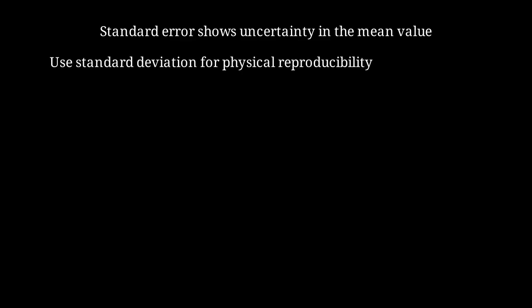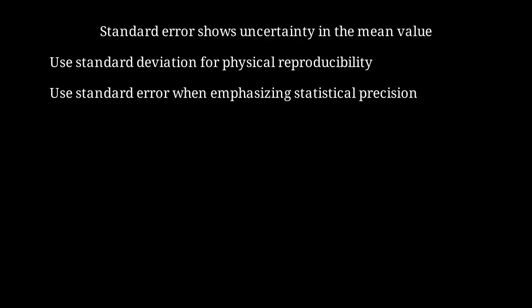It decreases as you take more measurements. For physical sciences, standard deviation is usually more appropriate because it represents the reproducibility another researcher would experience. Use standard error when you want to emphasize how precisely you've pinned down the true mean value, especially with large sample sizes.